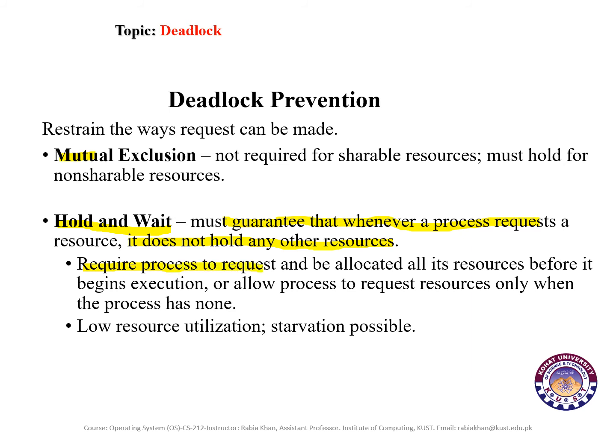Require the process to request all the resources in advance before it starts its execution, and if those resources are available, the operating system needs to allocate them to that particular process. So this happens before the process execution. The second option is to allow the process to request a resource only when the process has none. That means it has to request resources one by one.